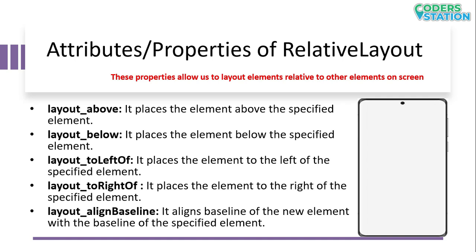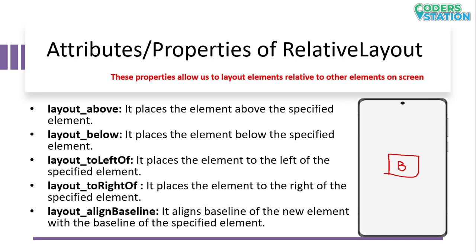For example, we will consider that in the center of the screen there is one button, say B, and we want to place another button, B1, on the screen. So when we want to place that button, we have to use these properties which are listed on the screen, and we will be relating it with the button which is already placed on the screen, that is button B.